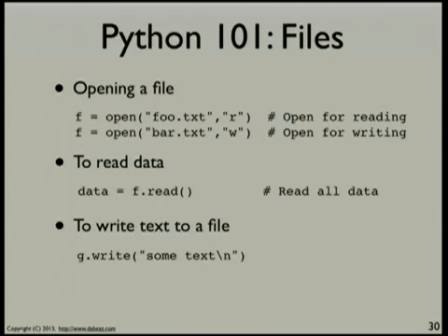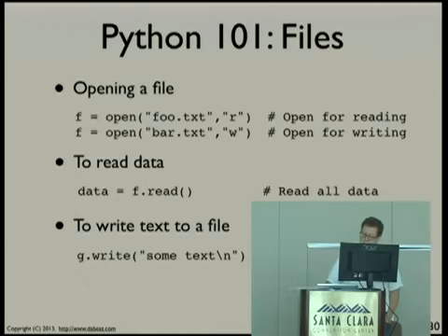If you want to work with files, which we're going to do a fair amount in this class, you use the open function to open up a file. Okay, so you say, I'm going to open up some file for reading or writing. To read or write data, there's a read method and there's a write method. Read will take the entire file, grab it, put it in a text string, and then hand it back to you.